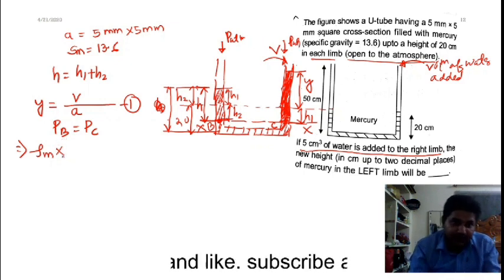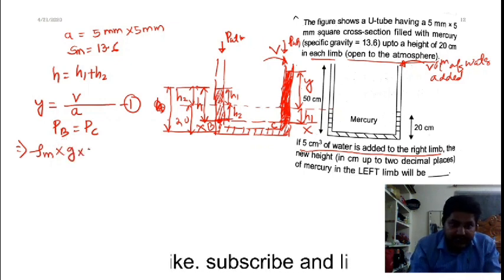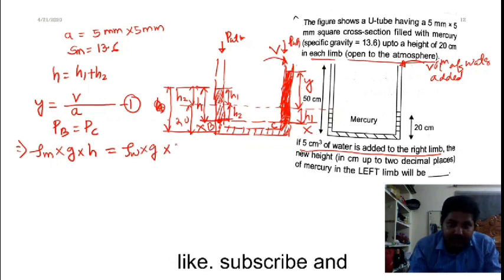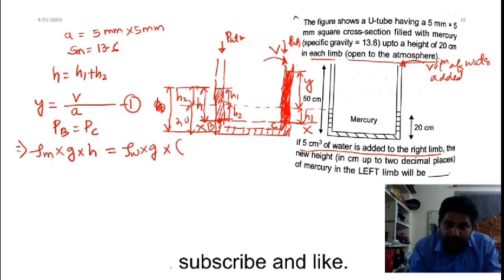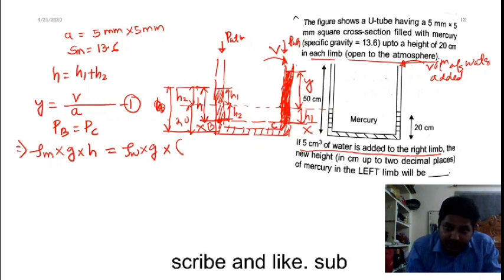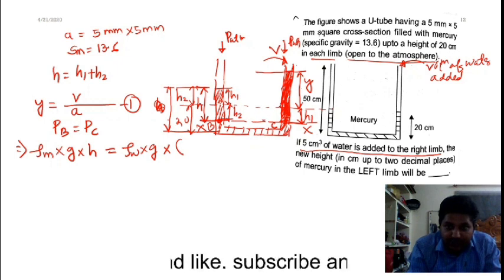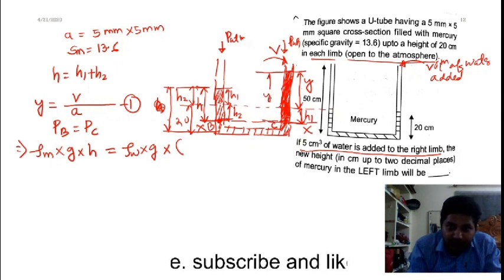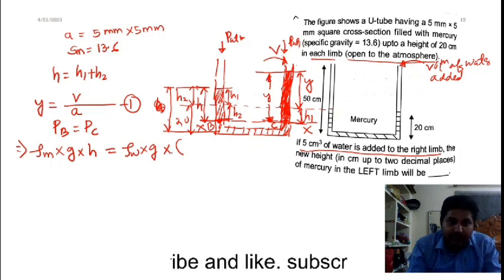So rho M G into this H, that is H1 plus H2, will be equal to rho W into G into this total height of the water column Y. So this Y is the total height of the water column, rho W G into Y.